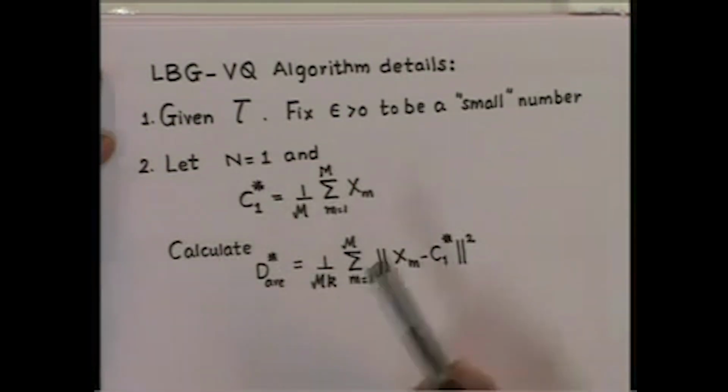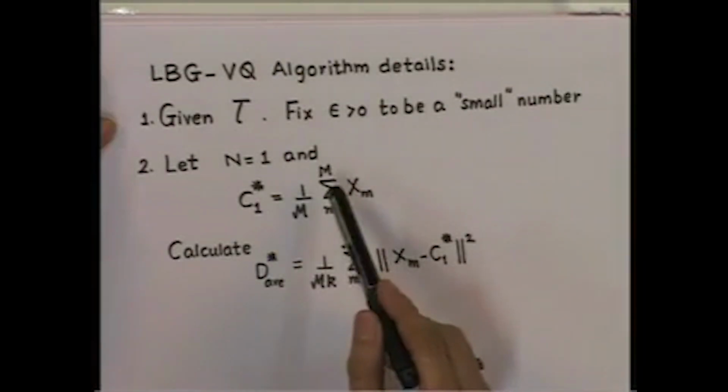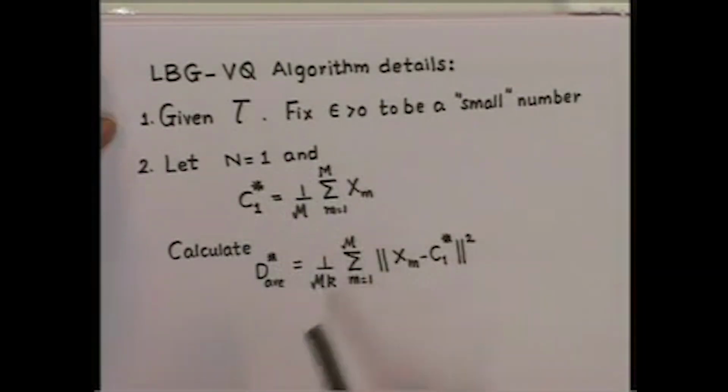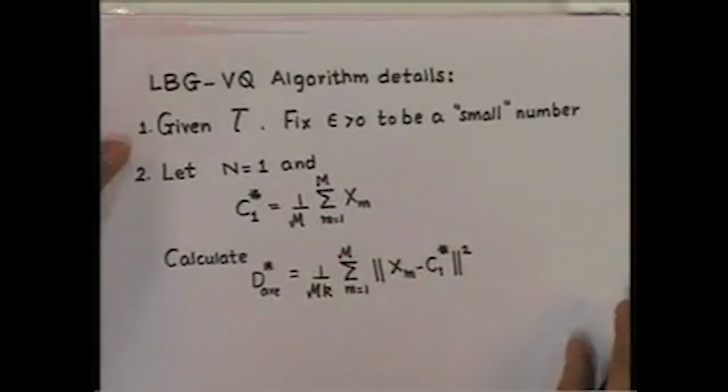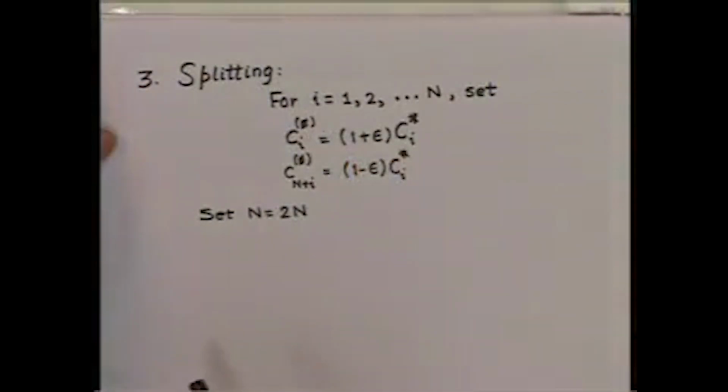So, the next step is to obtain a code book and partition for code book size 2, and in order to do this we require 2 initial code vectors, and this is obtained by the splitting procedure indicated here.